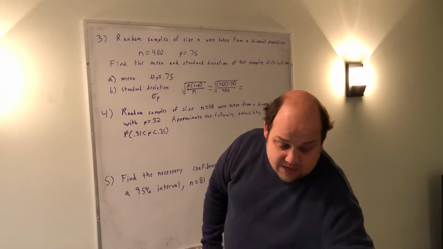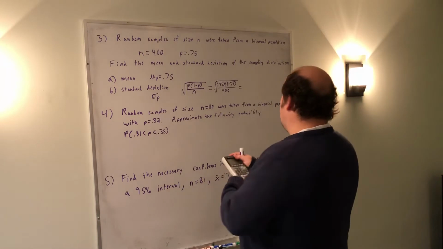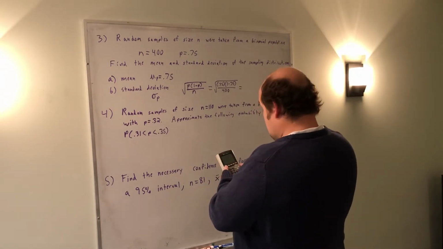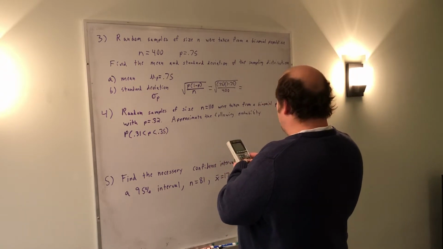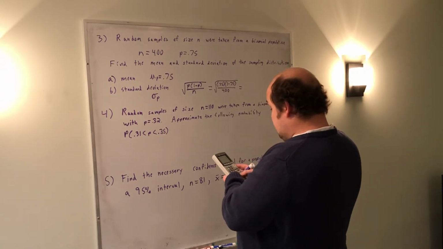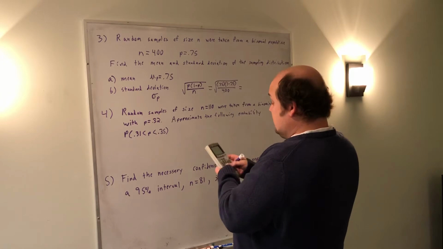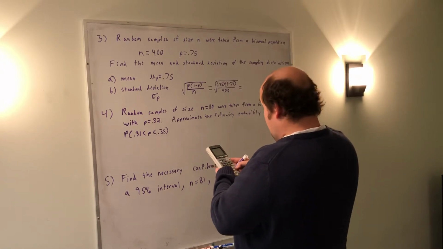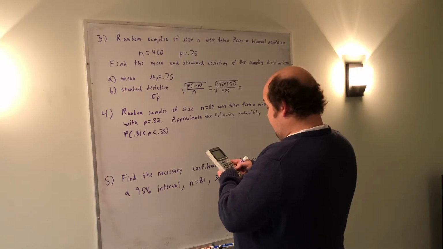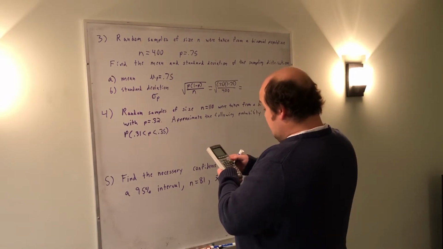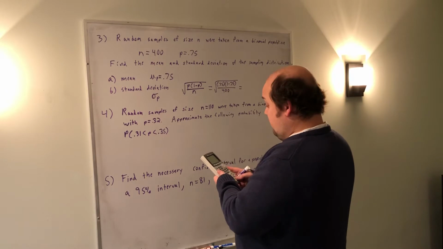When I put that into my calculator, second root, make sure I'm still under the root with a new parentheses, 0.75, and that new parentheses, 1 minus 0.75, and that parentheses divided by 400, finally end the parentheses that takes me out of the root.